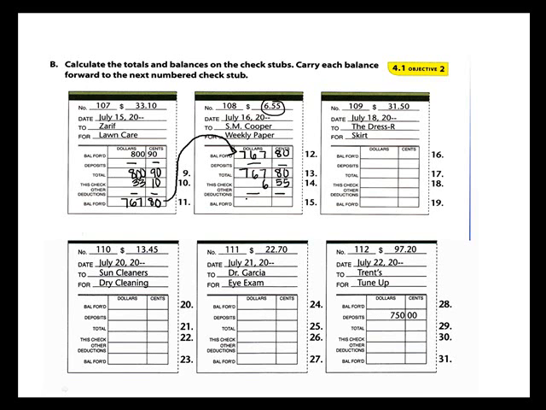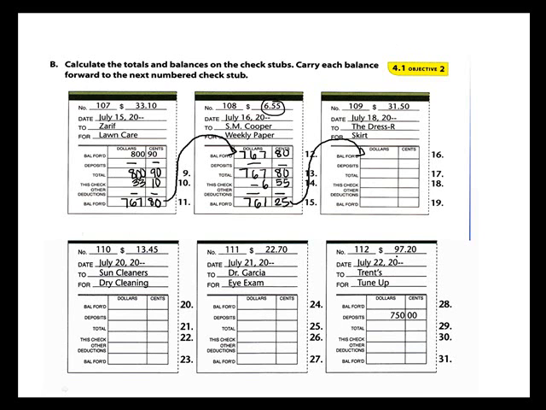And then that makes this $761.25, which is just taking that and subtracting the amount of the check from it. When I get that balance, it gets brought forward to there. The balance from 109 will be brought forward to 110. The balance to 110 will be brought to 111, and then of course 111 to 112.